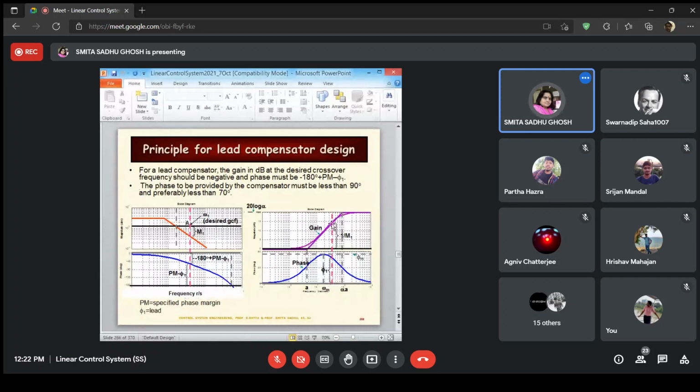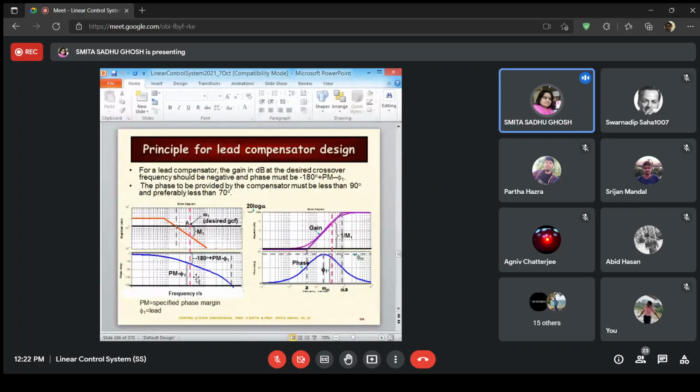If I make omega 1 coincide with the frequency where I get M1, and the phase lead at this frequency is, say, phi 1, then I get a phi 1 phase lead from my compensator.